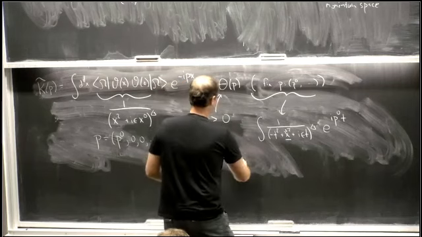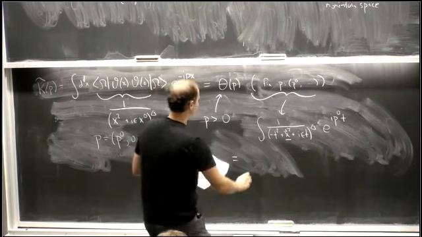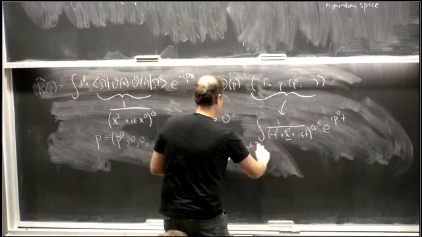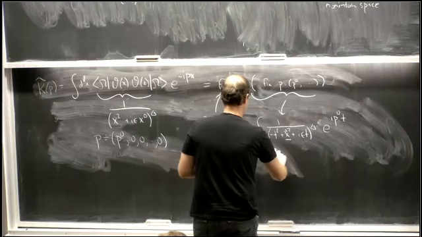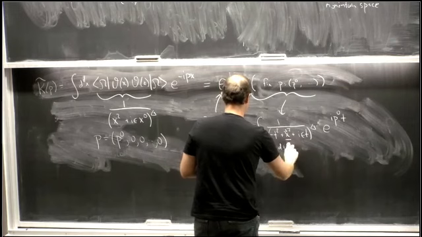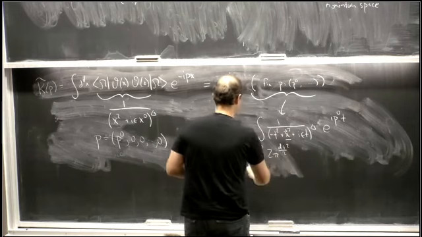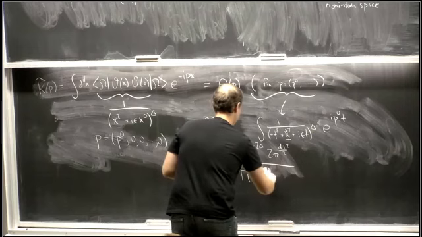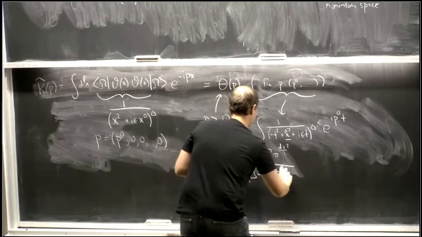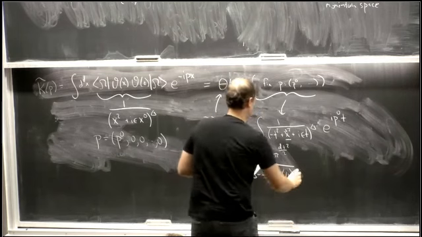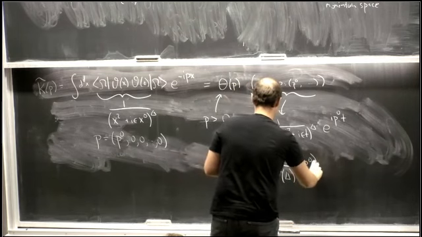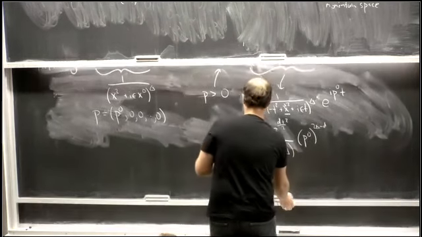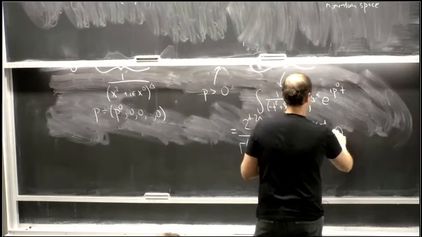I'll just write down the answer. You get some gamma functions: there's a 2 to the d minus 2 delta times 2 pi to the (d plus 2) over 2, over gamma of (delta minus (d minus 2) over 2) times gamma of delta, times p0 to the 2 delta minus d, and then, of course, our theta function of p0.